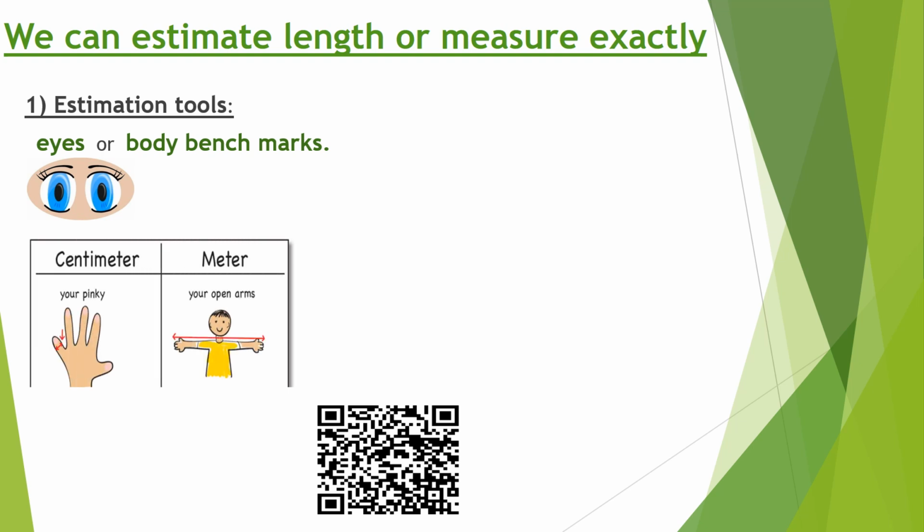We can just look at an item and guess its length, or use a body benchmark, as we learned before that the width of our pinky finger is nearest to 1 centimeter. And if we open our arms, the distance between our hands will be about 1 meter. This is the estimation way.